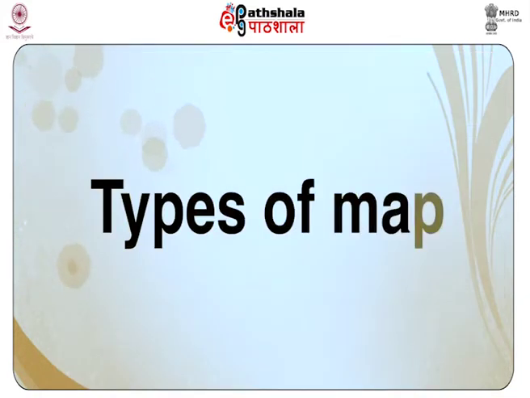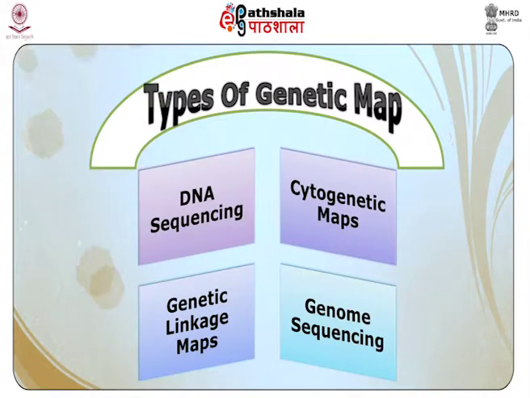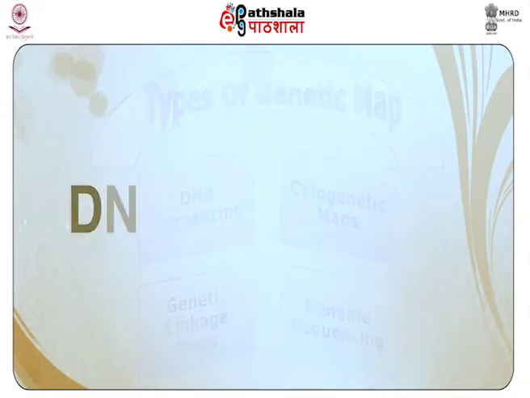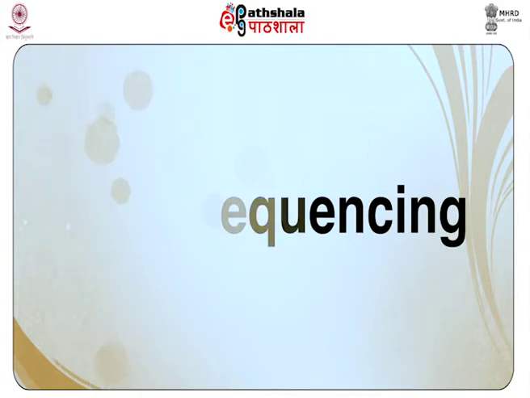Let us learn about the types of maps. The various types of genetic maps are DNA sequencing, cytogenetic maps, genetic linkage maps, and genome sequencing. We will now discuss each one. First is DNA sequencing.